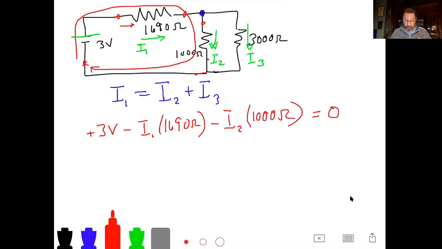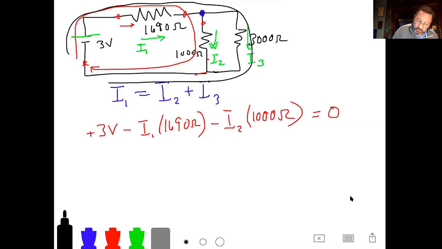Okay, one more loop, I guess. Let's go all the way around the outer loop. Again, we're going to start right here.